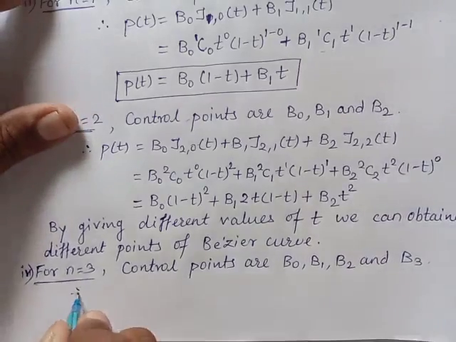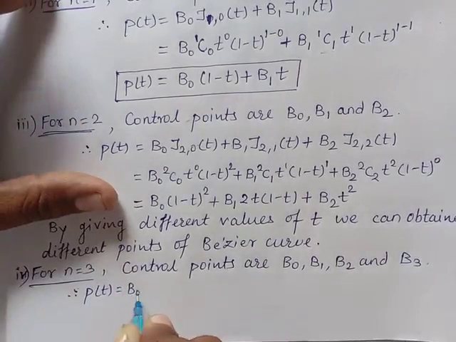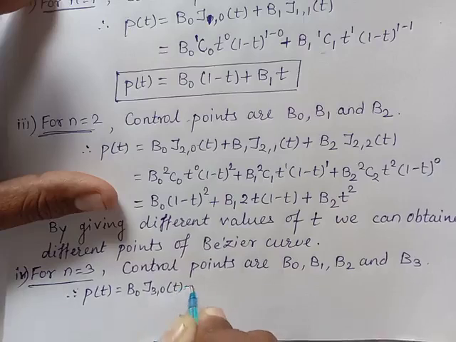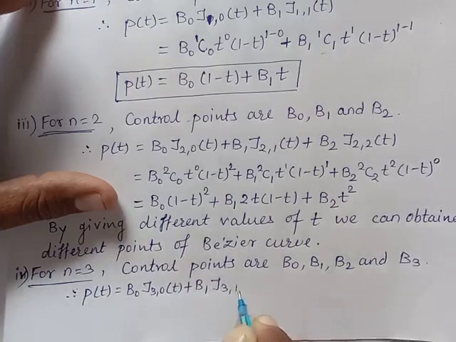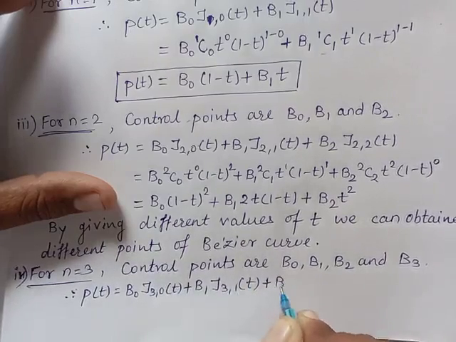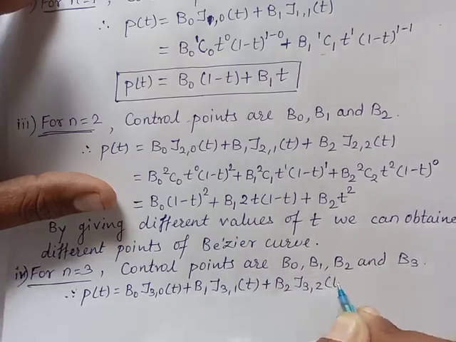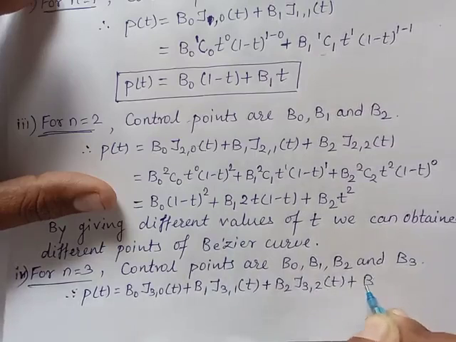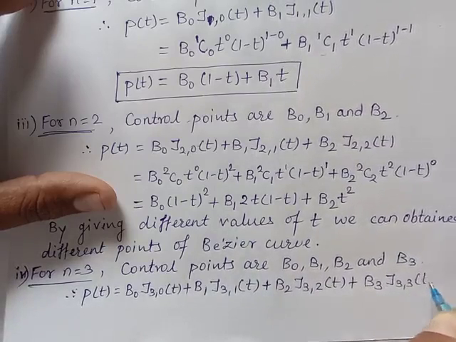Therefore p of t is what? b0 J3,0 of t plus b1 J3,1 of t plus b2 J3,2 of t plus b3 J3,3 of t.